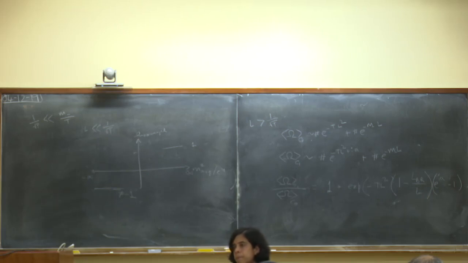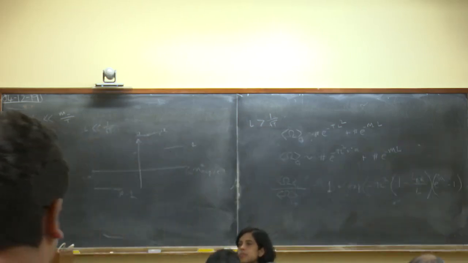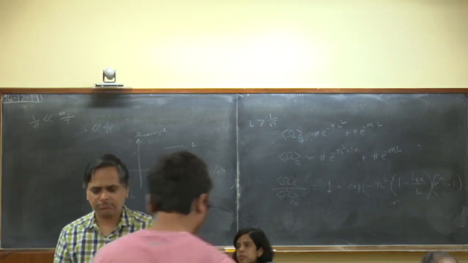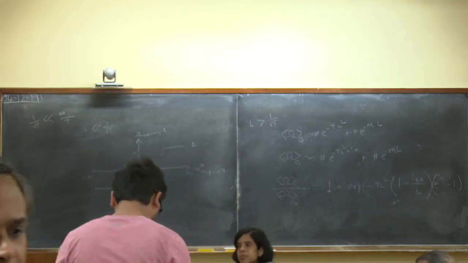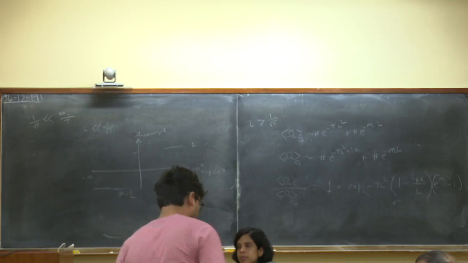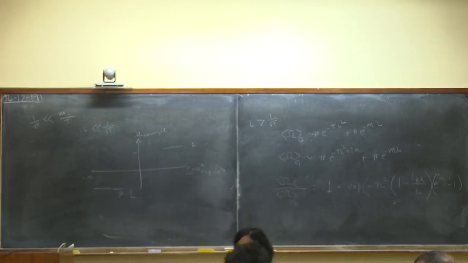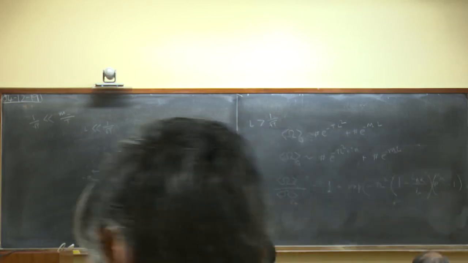When you want to compute the free energy, you do a path integral, and in order to do a path integral, you have to specify some boundary conditions. Let's say you are in a system whose size is going to infinity, so you have to specify some boundary condition. You could ask two things. One is what happens to the free energy associated with the boundary condition where phi naught has no winding.